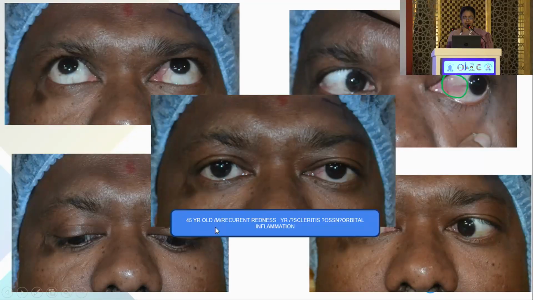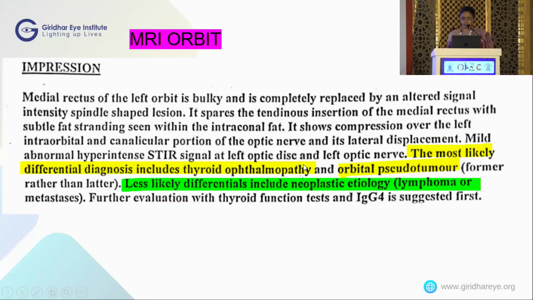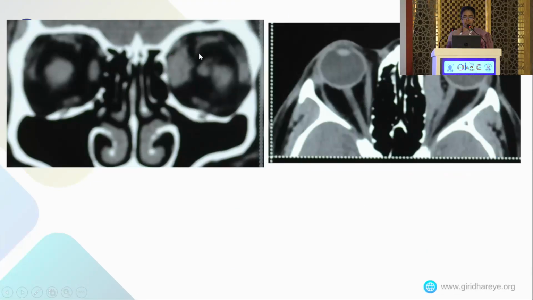This is a 45-year-old male with redness, treated as scleritis and orbital inflammation elsewhere. CT scan showed muscle enlargement of the medial rectus with surrounding fat stranding. So is it inflammation? Now the question comes. But here a single muscle is involved, which is more than 10 millimeters.